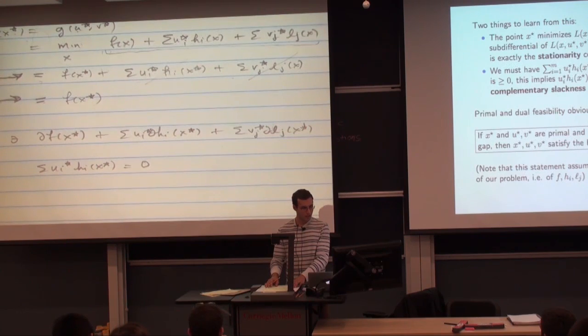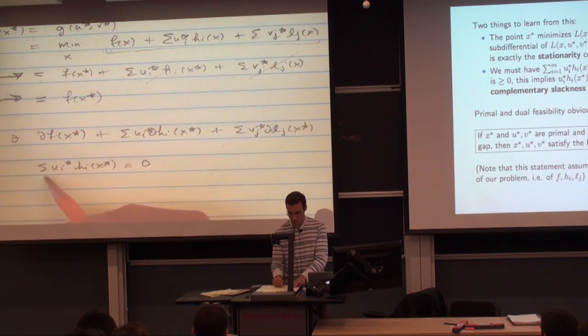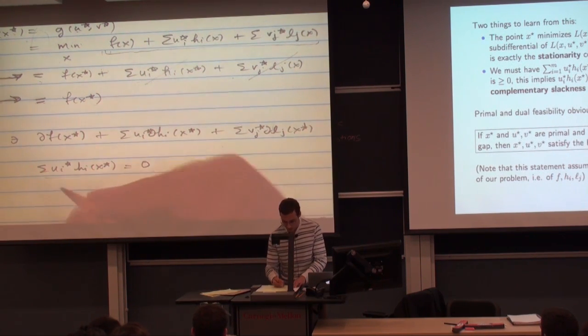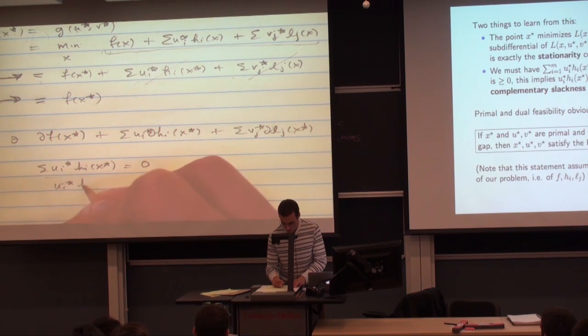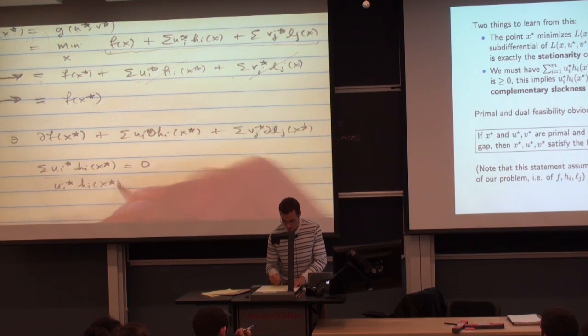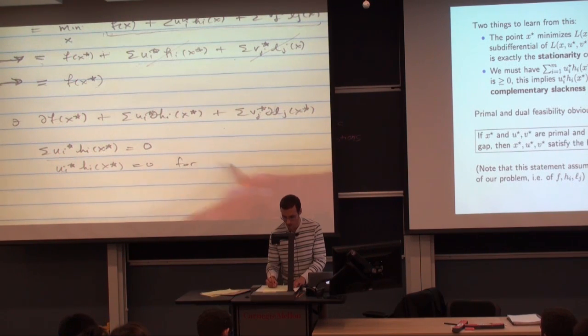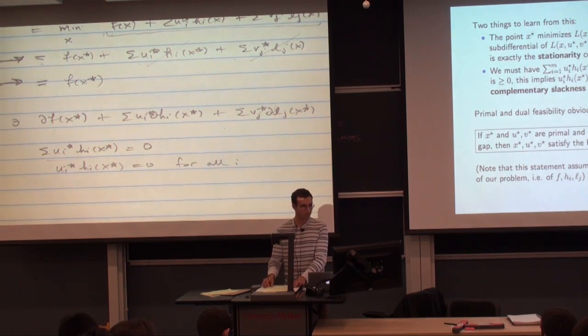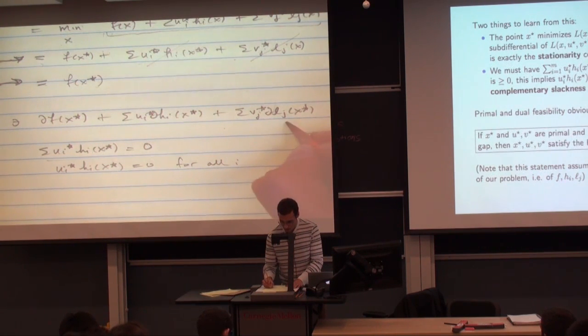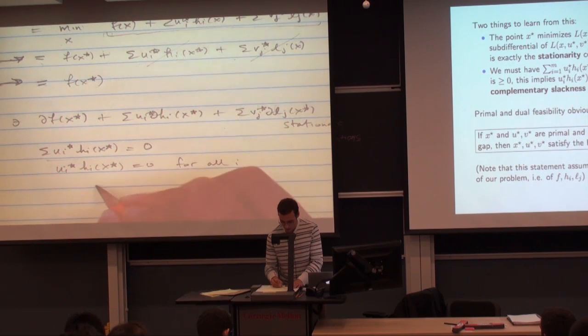Right, but since each of these terms is less than or equal to 0, in particular that means that each u_i star times h_i at x star is equal to 0 for all i, because they can't have opposite signs. Okay, and that's complementary slackness. So this one was stationarity, and this one was complementary slackness.